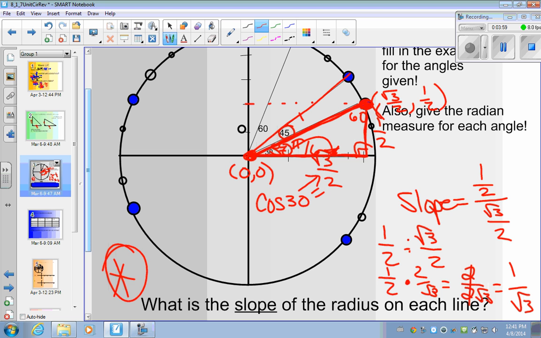And what's 1/2 related to that 30-degree angle? Sine, good. So when Michael said 1/2 over square root of 3 over 2, what else was he saying? Sine over cosine. I've seen that before. I can't remember where.